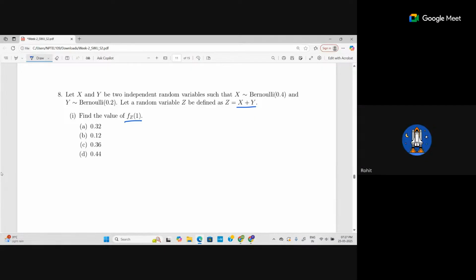The range of X and Y will be considered 0 and 1, because X and Y are following Bernoulli, so they will take values 0 and 1 only.